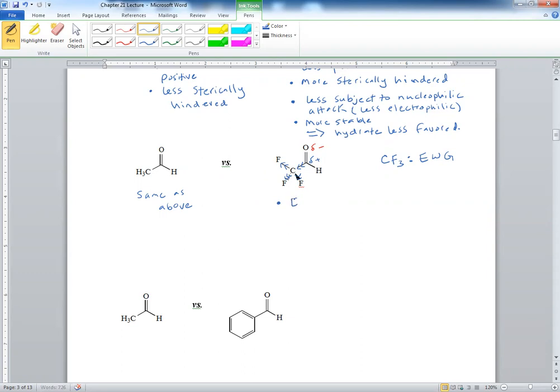So the EWG fluorines make the carbonyl carbon more positive.